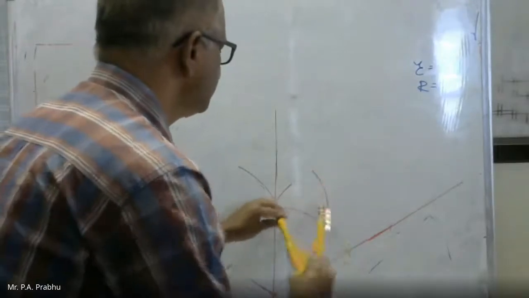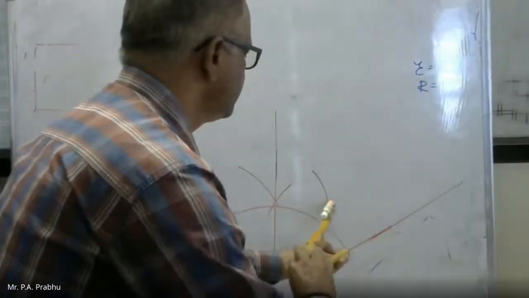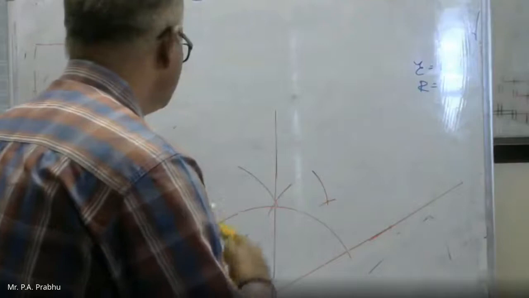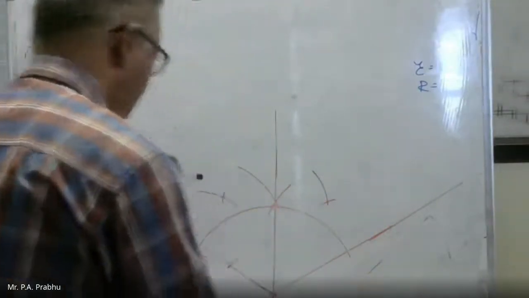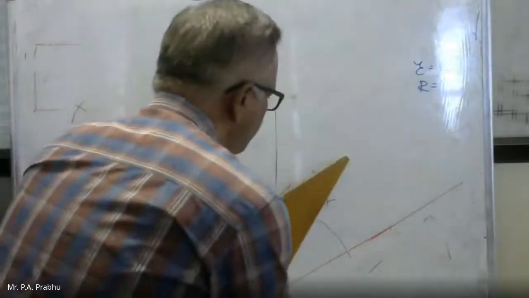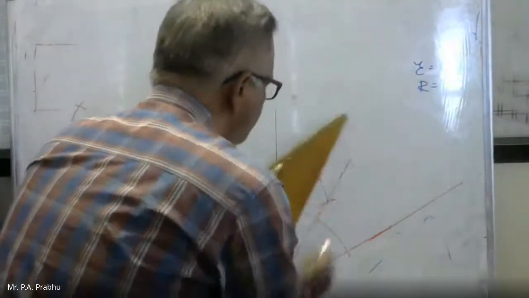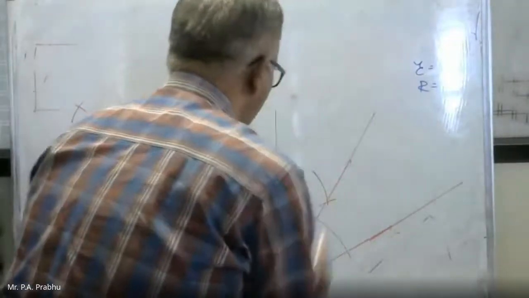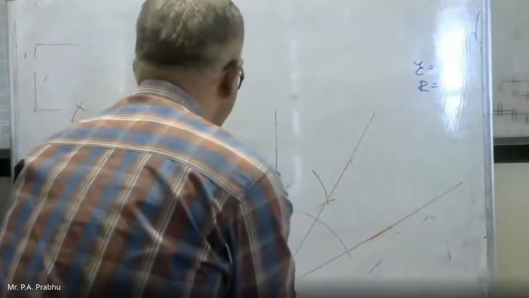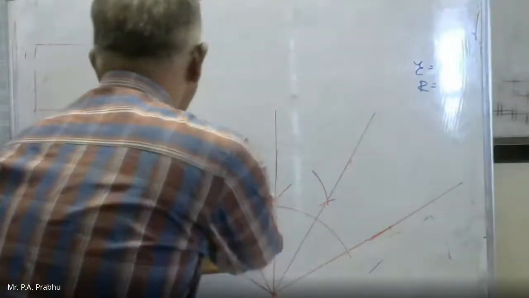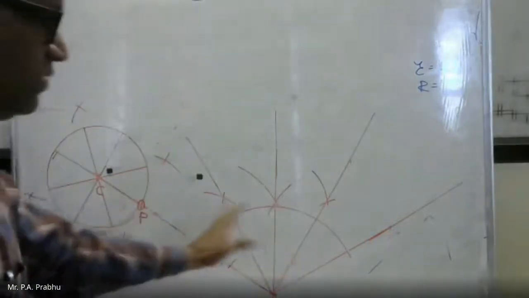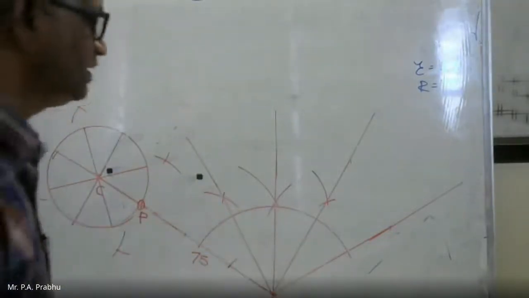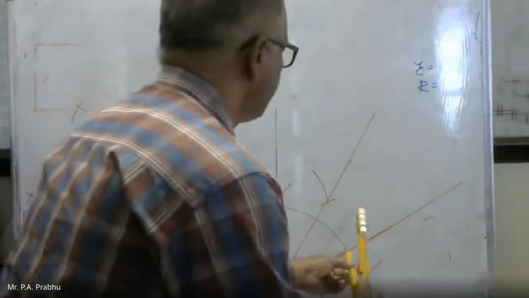Then divide into 4 parts. First we have divided into 2 parts, then into 4 parts, then again divide each part.